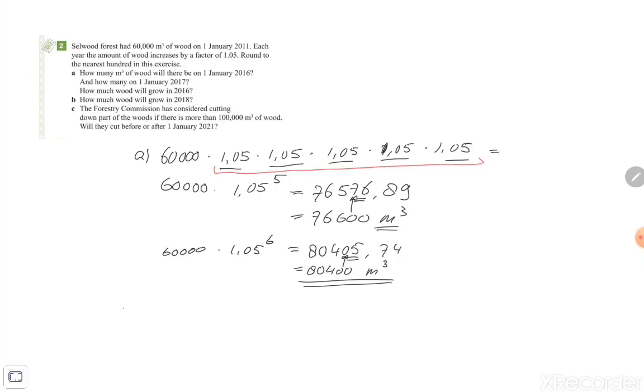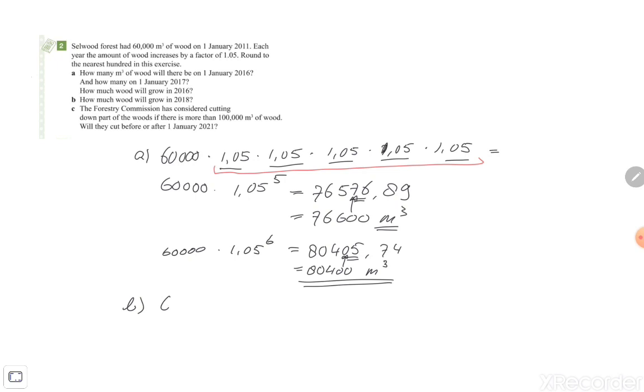In exercise B, they ask you how much wood will grow in 2018. So what we need to know is how many cubic meters it was at the beginning of 2018, on 1 January 2018, and how much it is on 1 January 2019. Because if I know those two numbers and if I subtract them, then we know how much wood it grows in 2018.